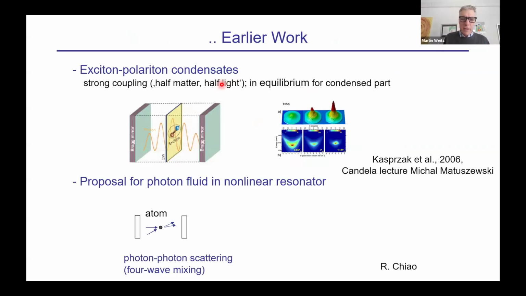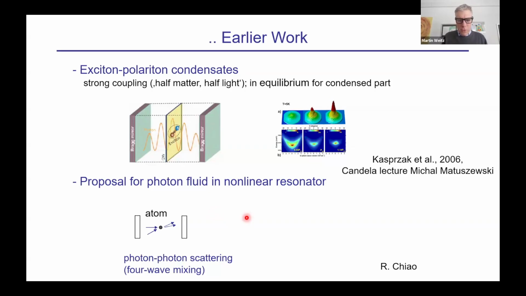What one does is couple excitons to the photons, and the material particle of the polaritons, as you heard in the first Kandela lecture, is then responsible for allowing thermalization. So this works experimentally, and this is today a wide field also.